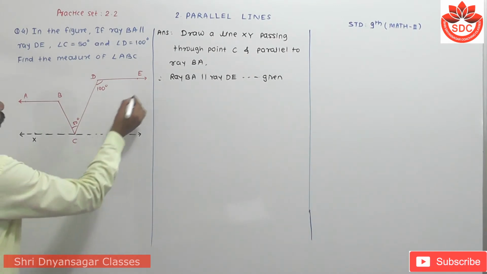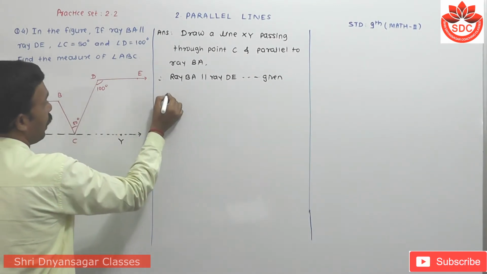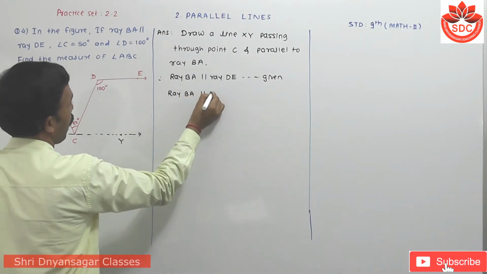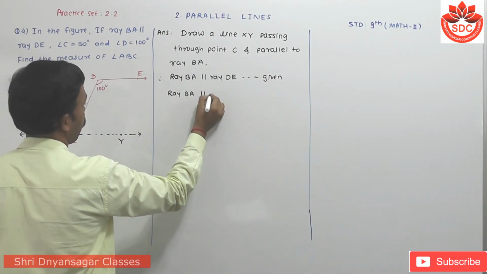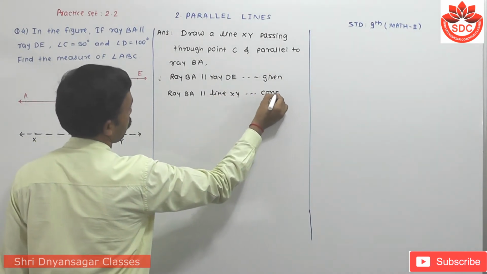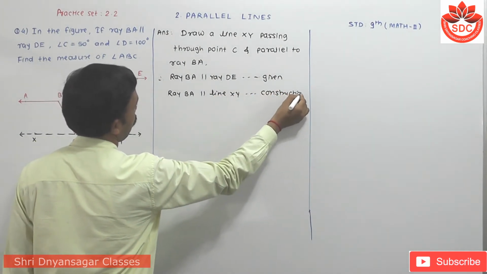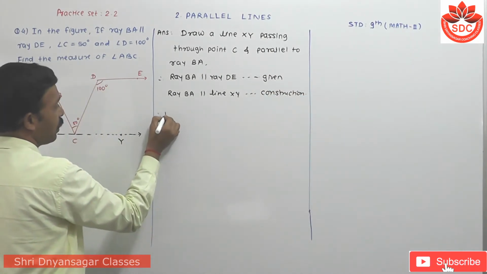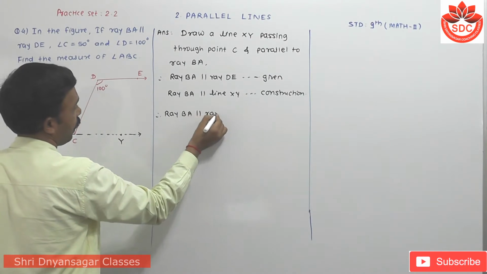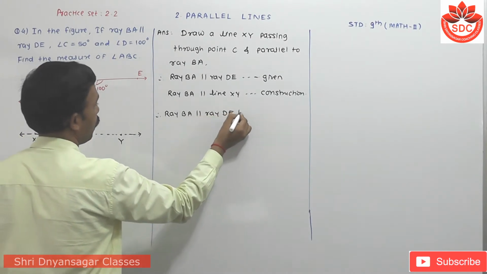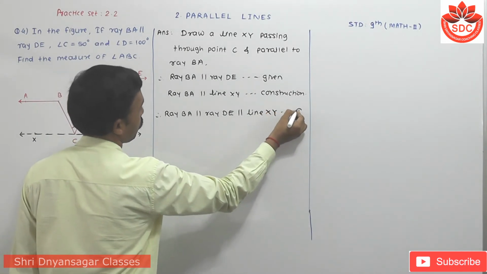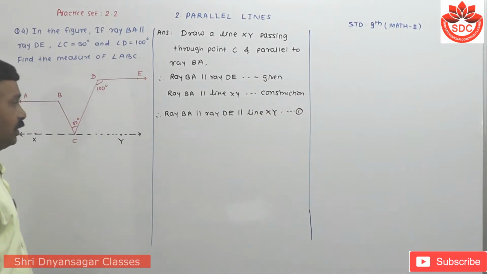Now I have to draw ray BA also parallel with line XY. This is our construction. Means that ray BA is parallel with ray DE, which is parallel with line XY. Suppose that this is our equation number first.